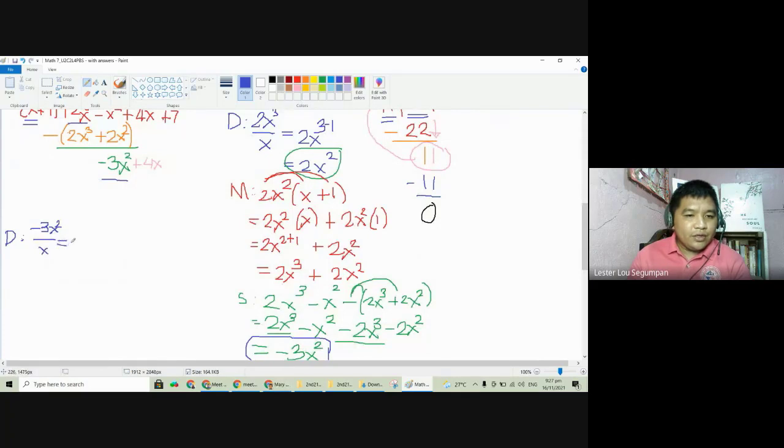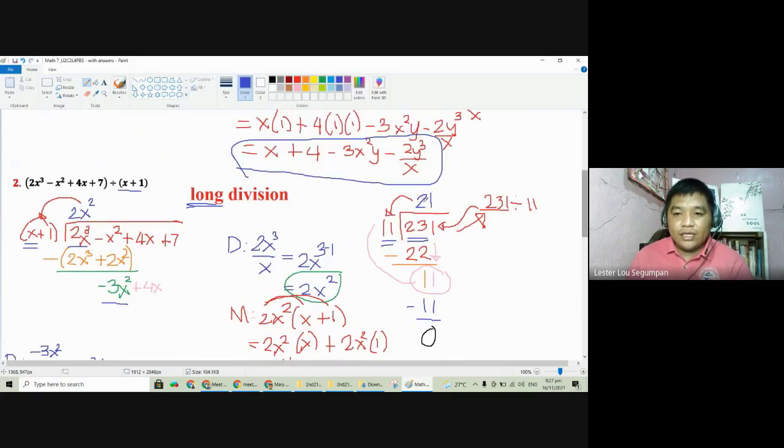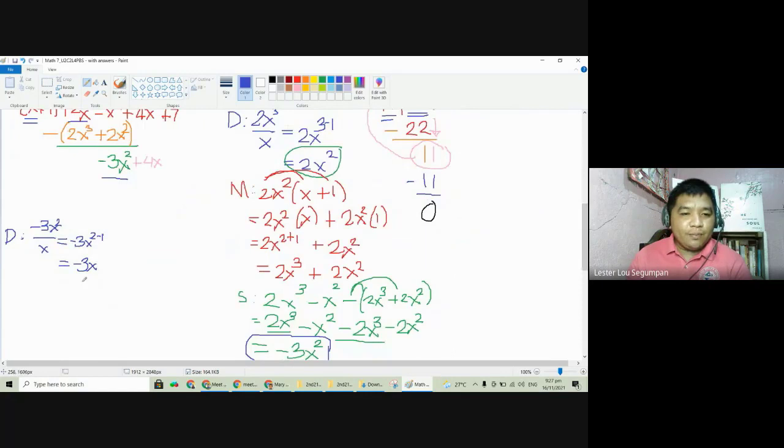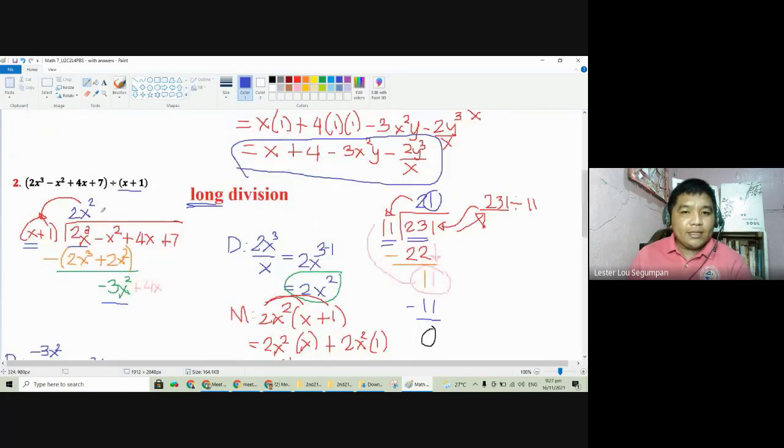This will result to negative 3x to the power of 2 minus 1, or simply negative 3x to the power of 1, or simply negative 3x. This is the second quotient. The second quotient here was placed beside the first quotient, and therefore we're going to place it here. But it would be wrong if I'm going to make it like this.